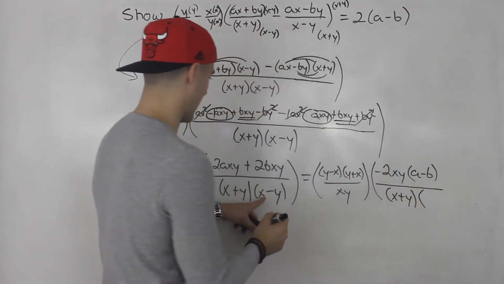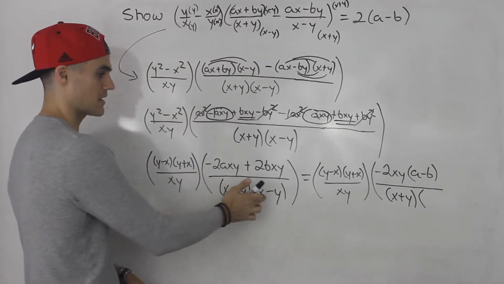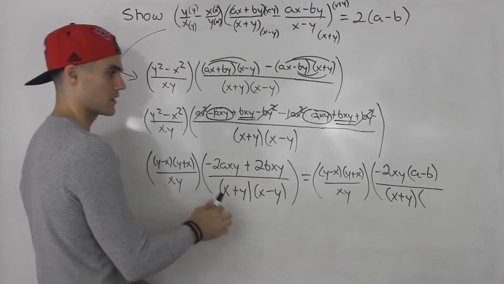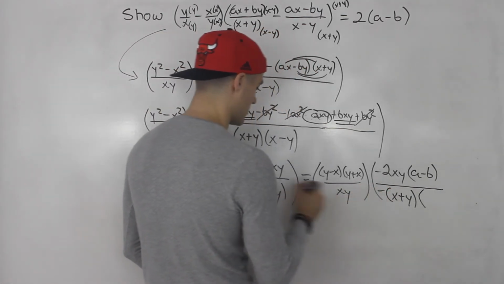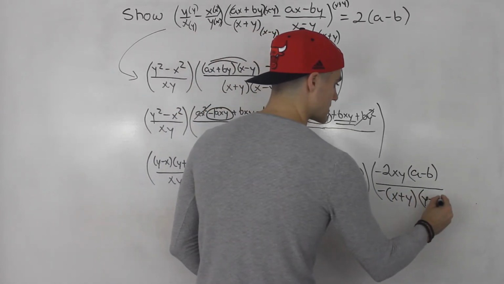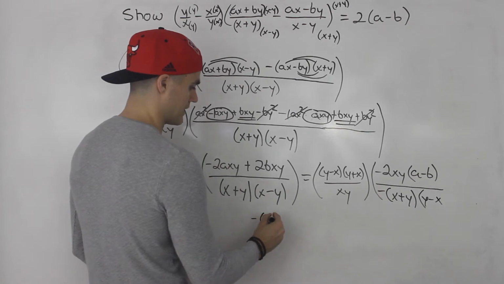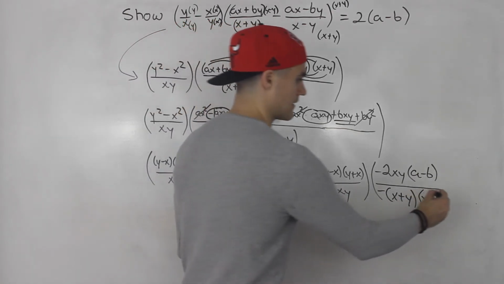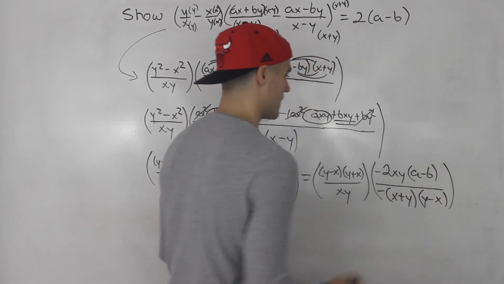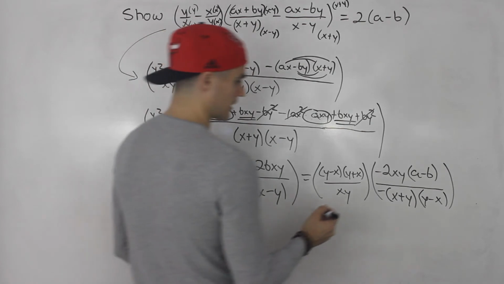But this x minus y and this y minus x, they're not the same. But we can make them the same by factoring out a negative from here. So if we take out a negative from x minus y, let's put it in front there, this would turn into y minus x. This would turn into a negative x plus y, which we can rewrite as y minus x. And then that negative I just put in front there. Okay, and now look at how much stuff is going to cancel out here.